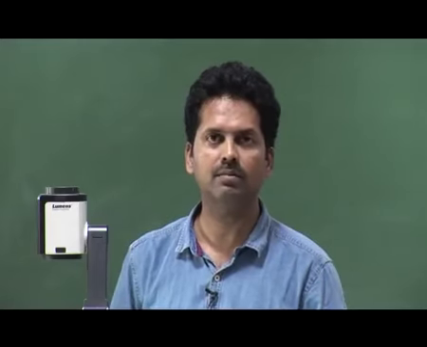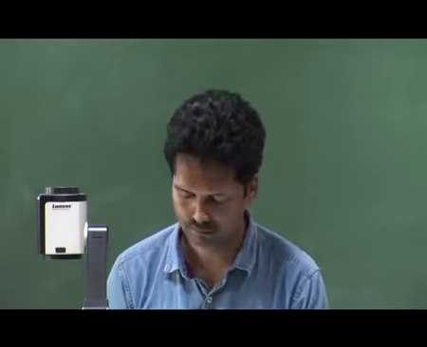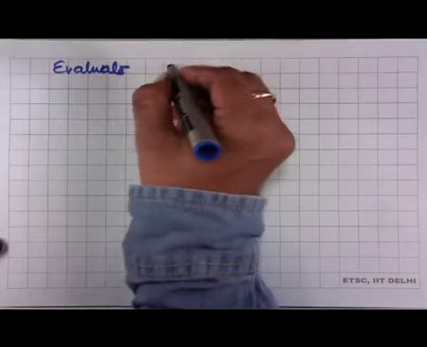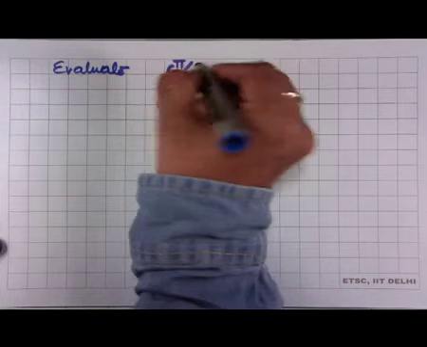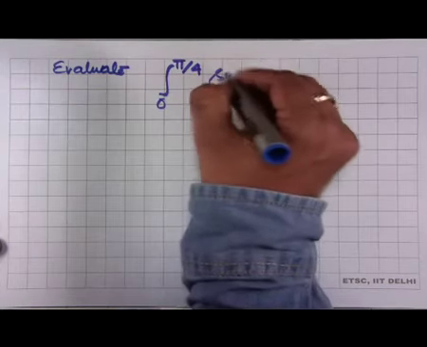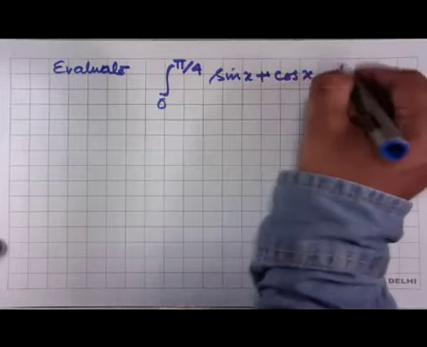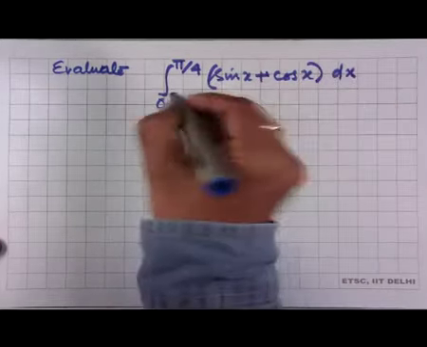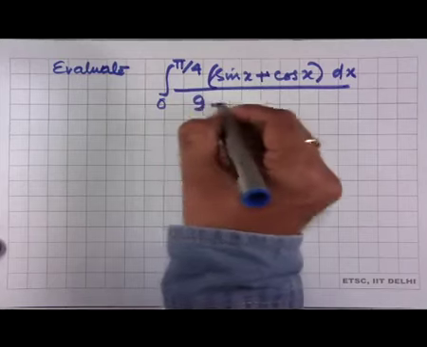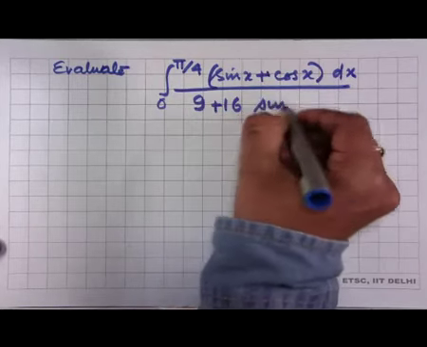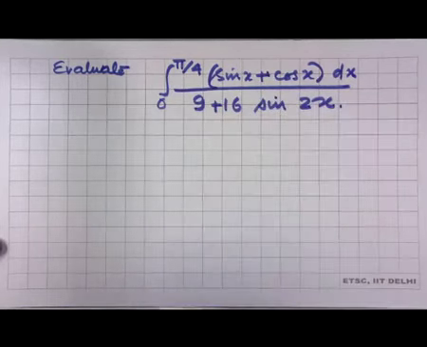Let us take one more example. Evaluate the integral from 0 to pi by 4 of sin x plus cos x dx by 9 plus 16 sin 2x.